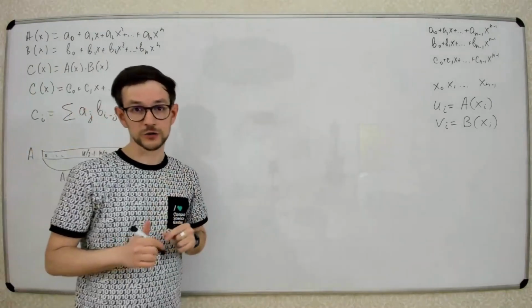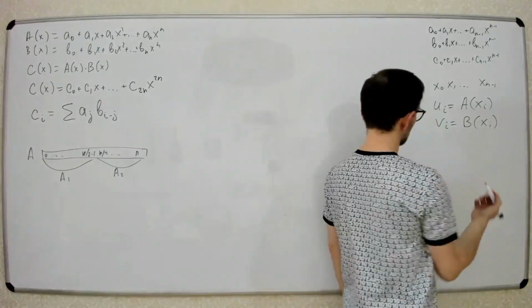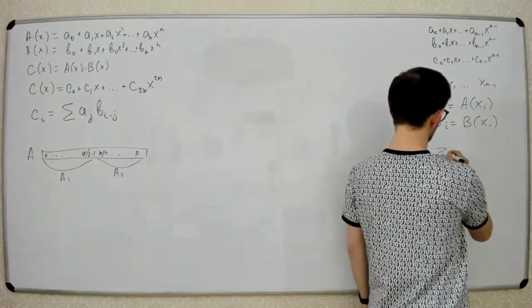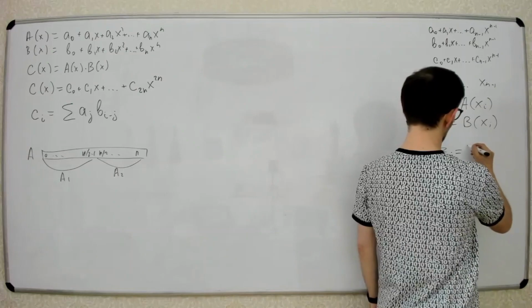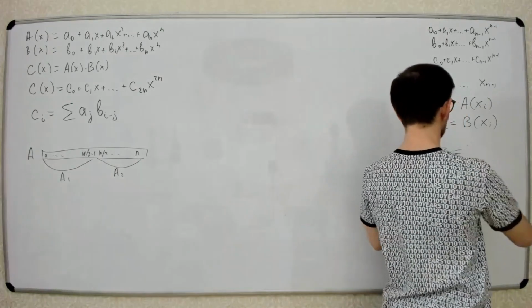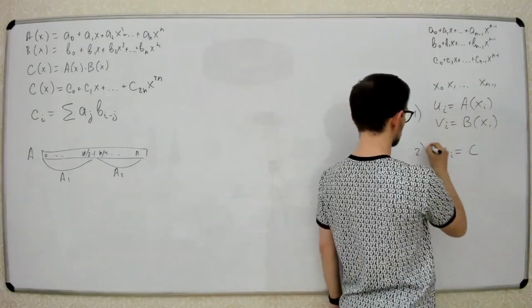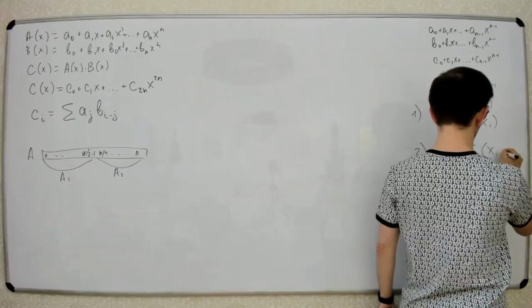Now I need to calculate values of polynomial c. So zi will be the value of polynomial c in point xi. Okay, this is step 1. This is step 2.